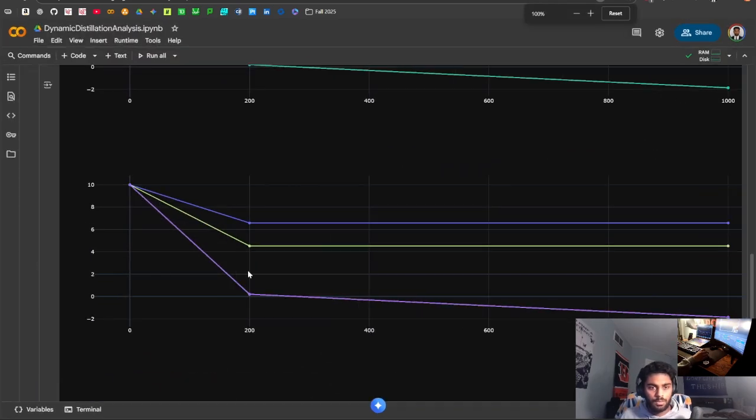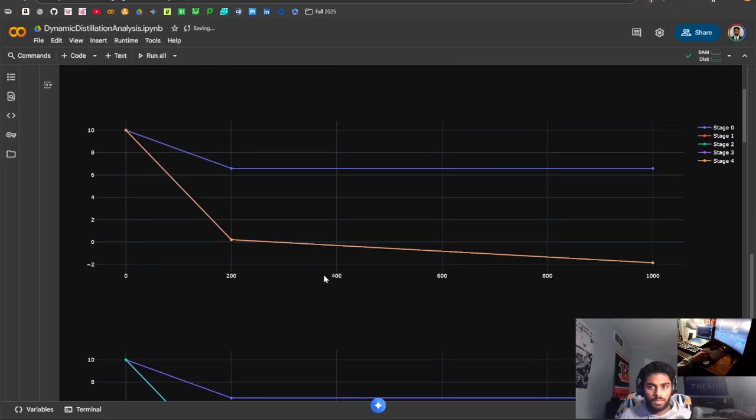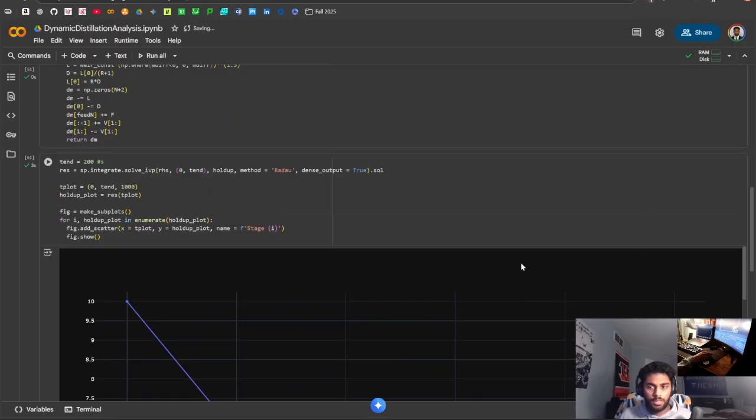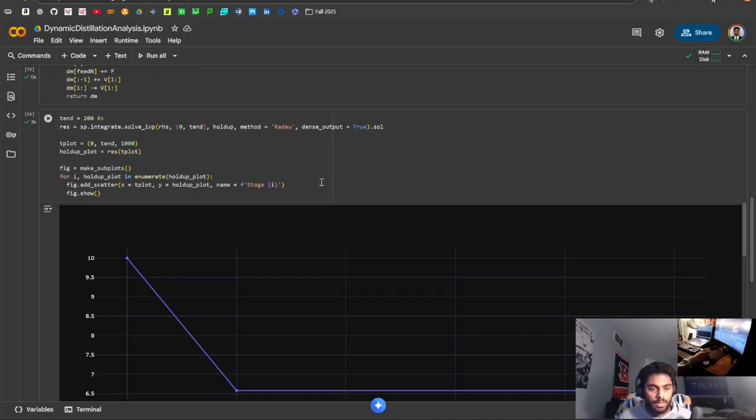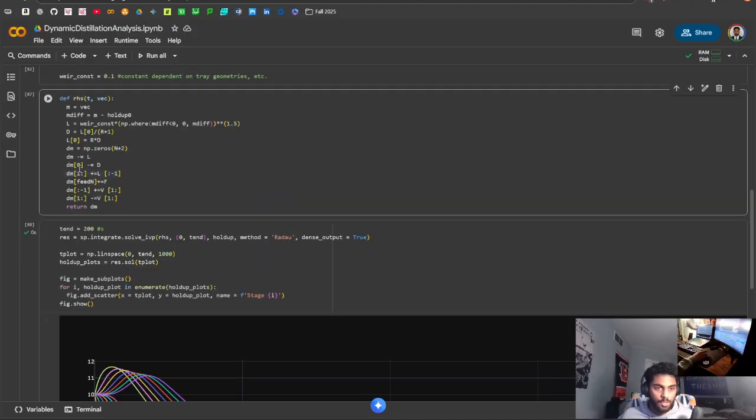Okay. This isn't exactly what I was imagining. Okay, so the issue lied here. I have forgotten a line in my code, and this line is basically the liquid that is entering our system.